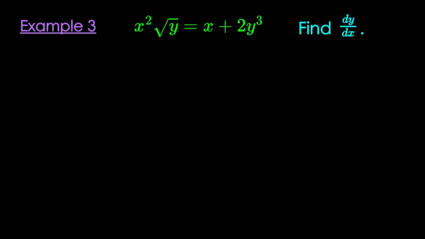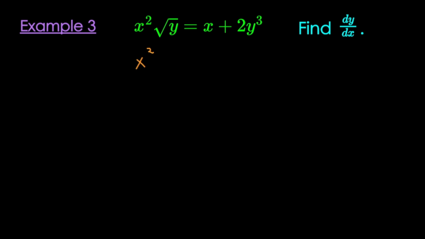Here's another example. This is another relationship between x and y that was given, and you may see that solving for y in this expression is not very friendly. So we'll just leave it how it is, except that maybe we'll change the square root into a 1/2 power.